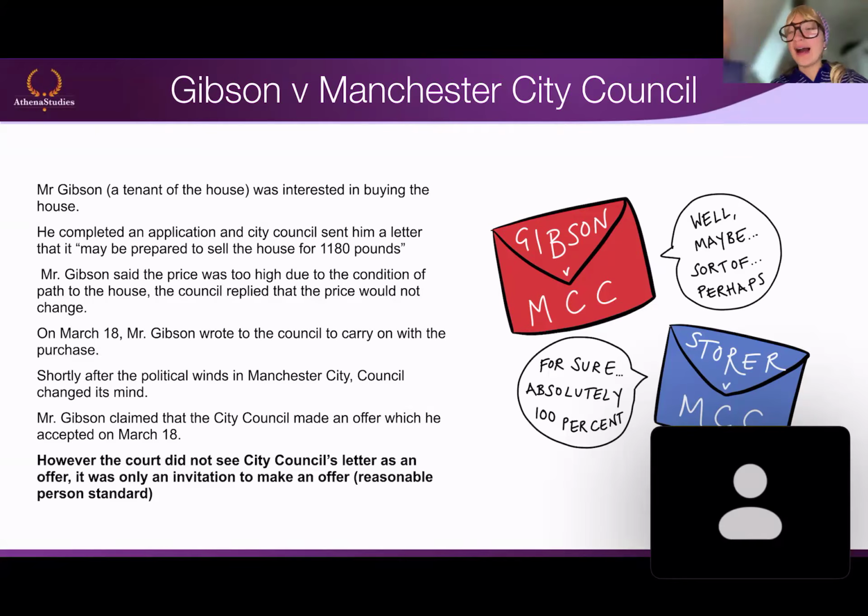However, applying both the reasonable person standard and the fact that we learned that there have to be sufficiently definite terms, the court said that, well, it's not really an offer, it was only an invitation to make an offer because of the wording of it, as you can see in quotes, it says, quote unquote, "may be prepared to sell the house."